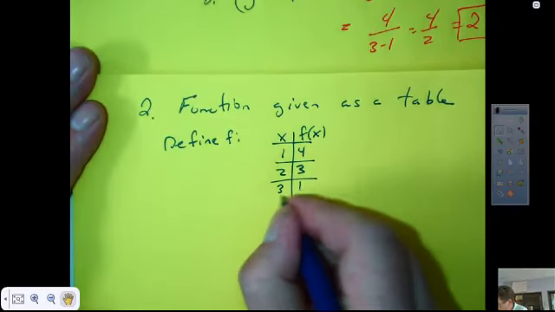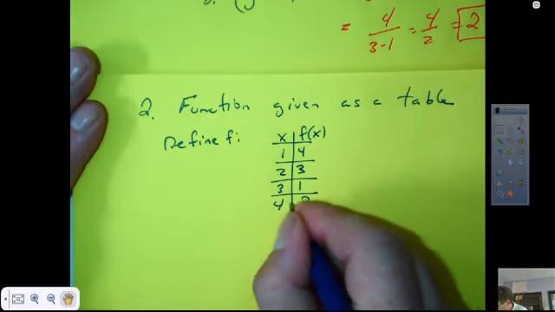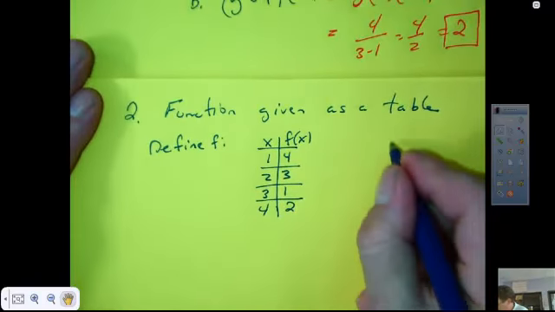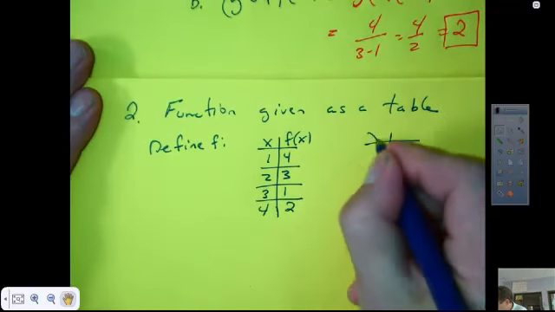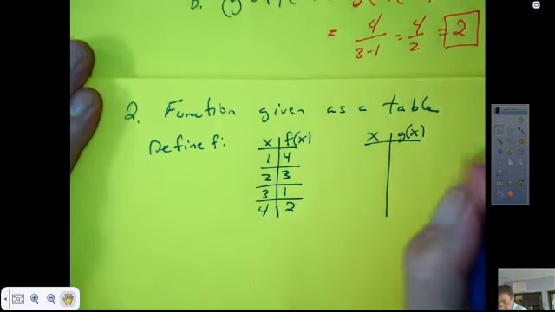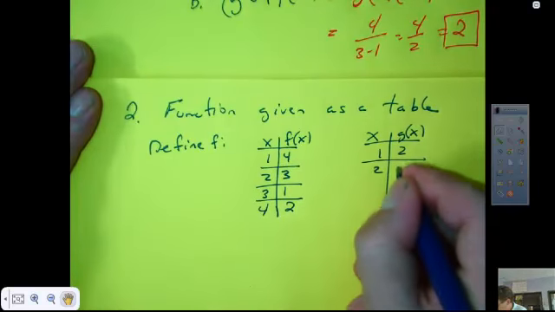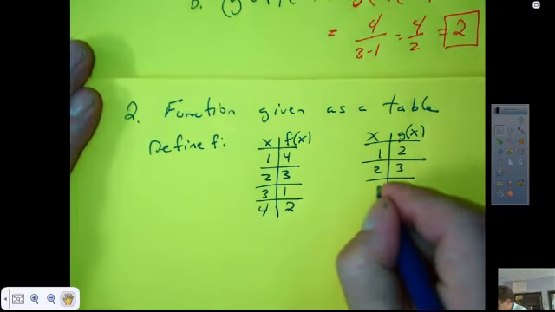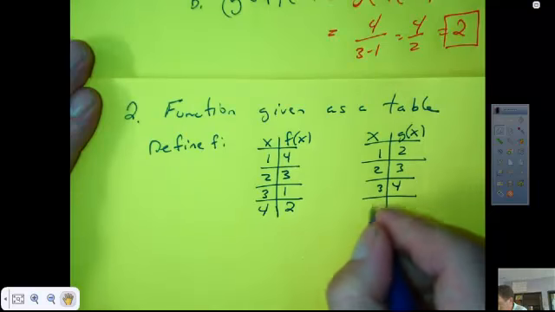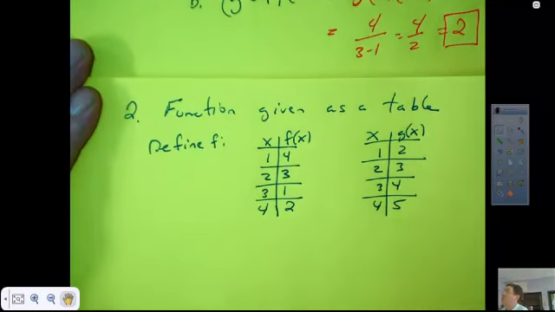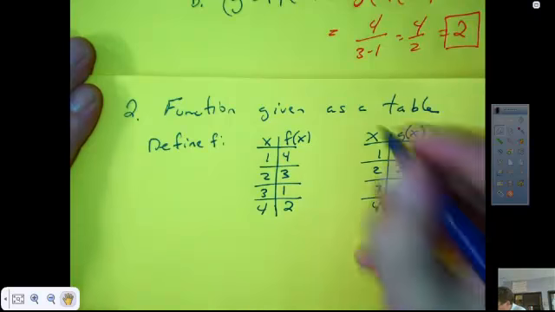So we have no idea what the rule or the expression is, but that doesn't matter. Okay, so here's how we define g this way.